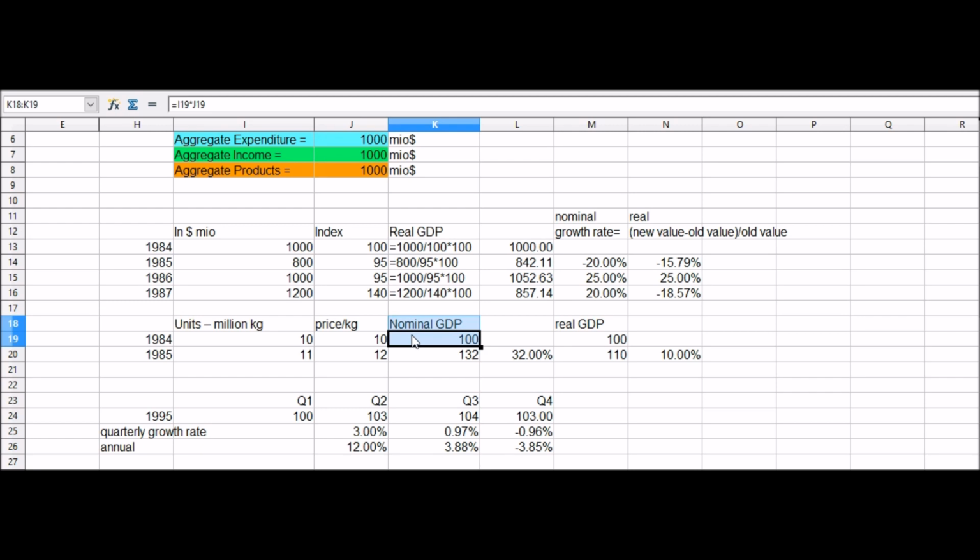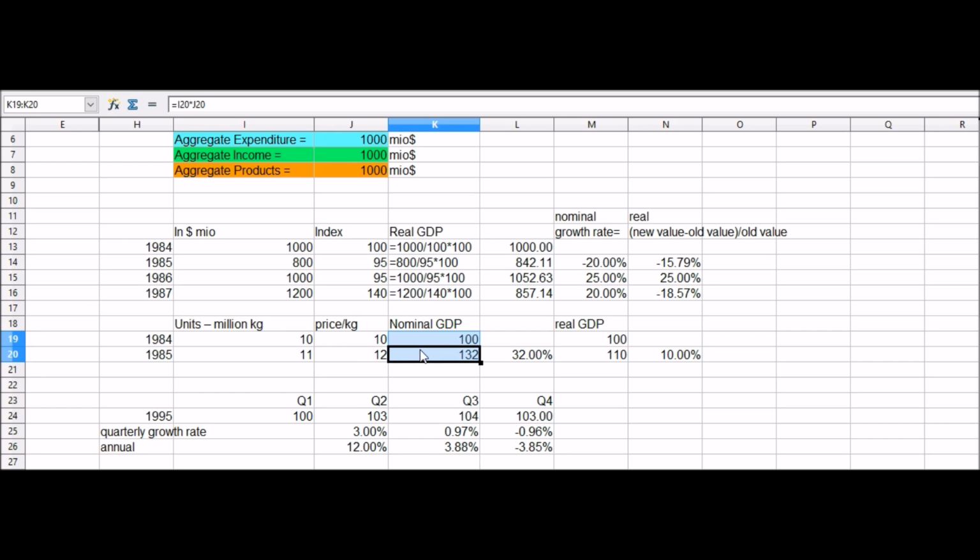And hence our nominal GDP would be $100 million in that year's prices. Let's assume in 1985 the consumption increases to 11 million kilograms. However, the price of butter moves up to say $12 per kilo due to a shortage of milk. Now in 1985 our GDP increases due to consumer expenditure increasing to $132 million.